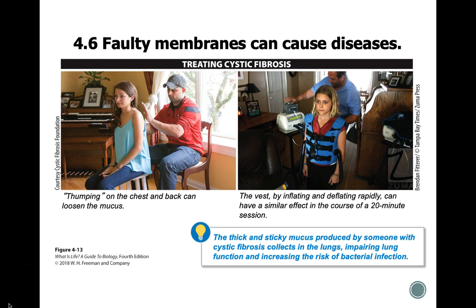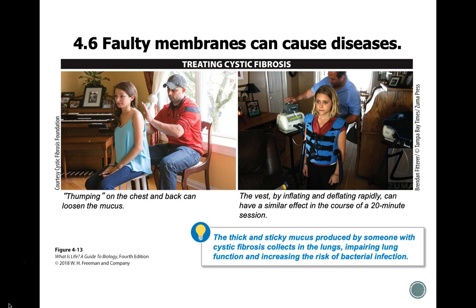So when individuals have cystic fibrosis, these chlorine ion transporters are not functioning correctly. And because of that, they get sort of a mucus that lines the insides of their lungs and other organs. So there are different types of treatments for this.